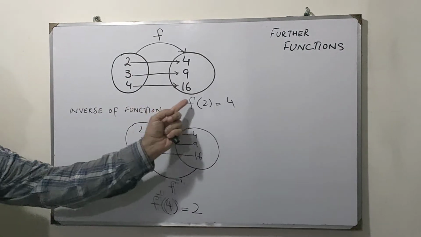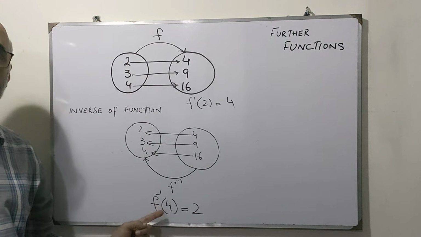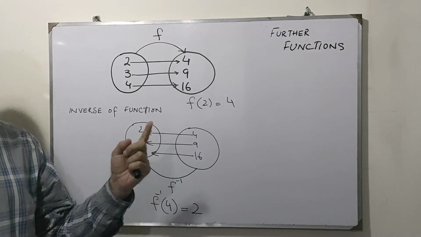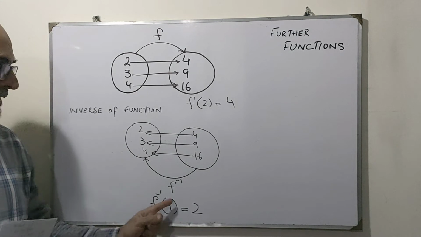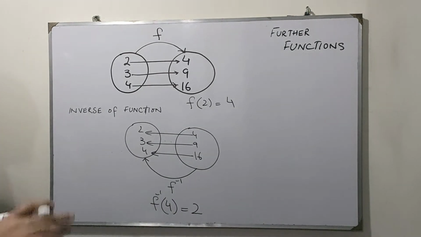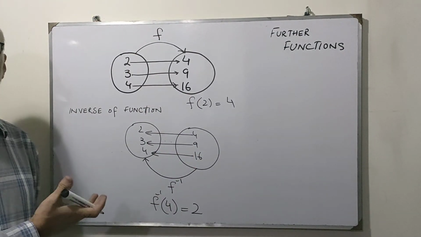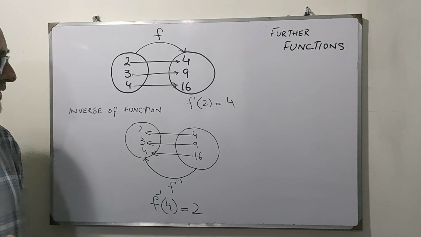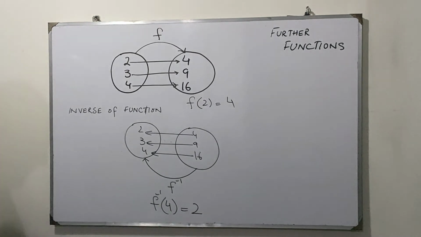You see, here the input was 2 and I got a squared number. Here the squared number is the input and I get the square root of that number, right? Input was 4 and I got 2. So this is the inverse of a function. Now let's take some examples of this inverse of a function and try to understand how it is working.